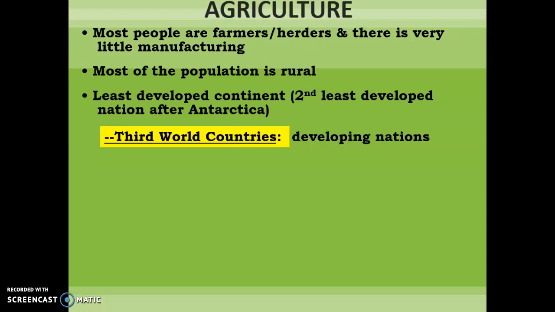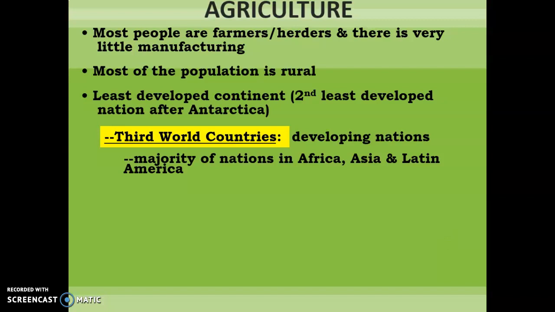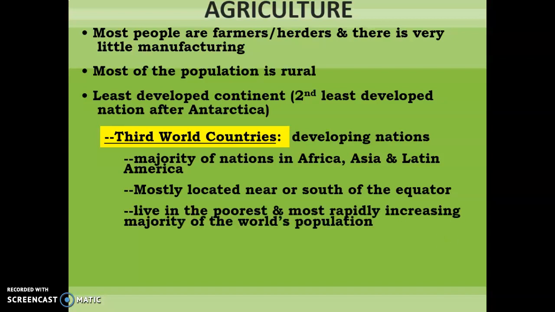Third world countries are developing nations, and there are lots of them around the world, but because of where they're located, Africa, Asia, and Latin America have the majority of third world countries, particularly because these countries are either near the equator or just south of the equator.